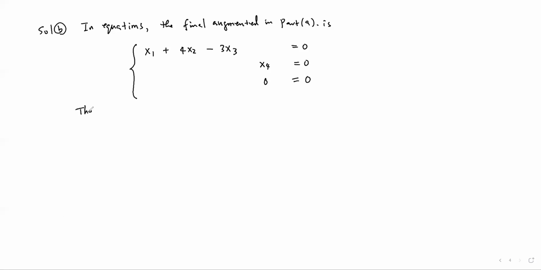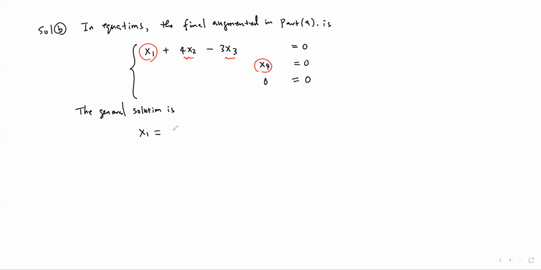The general solution of the linear system is solve for the basic variables. The basic variables are x1 and x4. Solve for the basic variables in terms of the free variables.